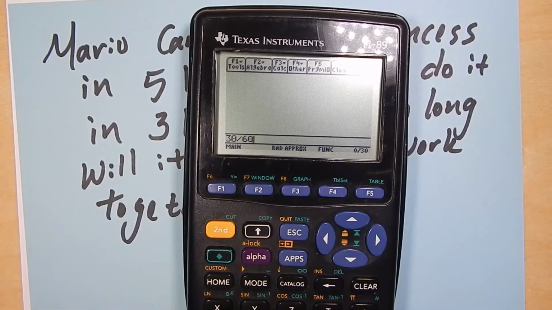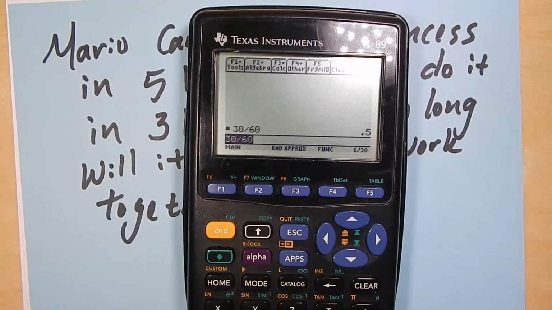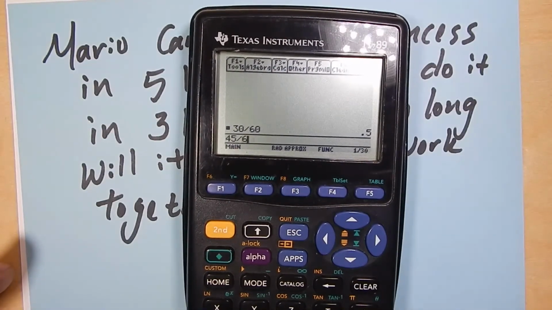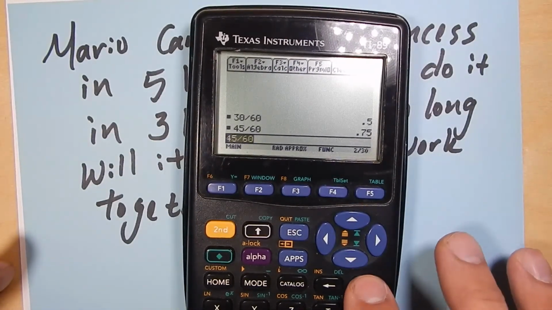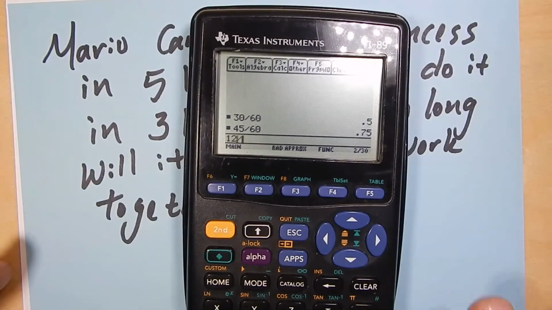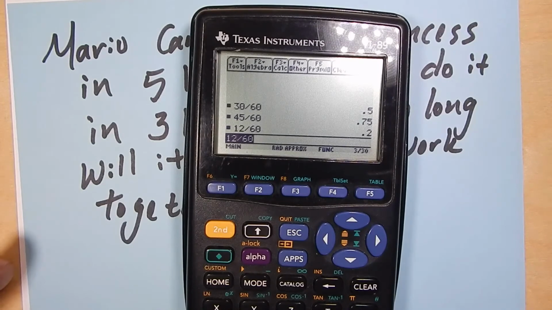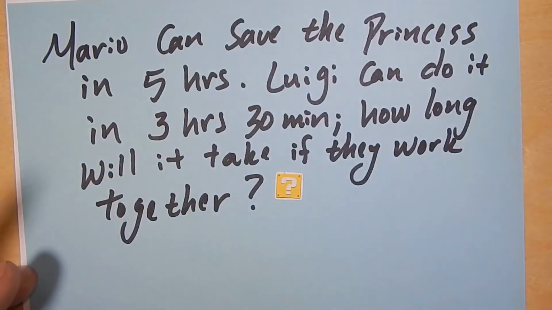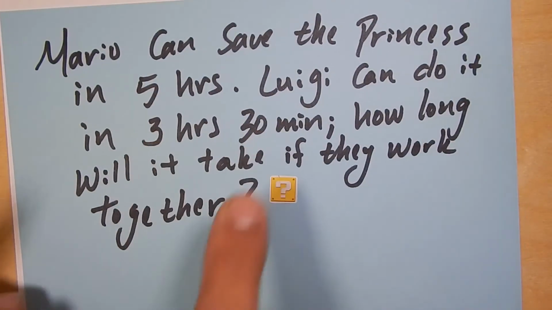Over 60 total minutes, we could say that's 0.5 hours. Let's say it was 45, right? So 45 over 60, we would say that's 0.75 hours. Whatever minutes you have there, you just divide it by 60, and that gives you what it is as hours in a decimal. So in this case, we have 5 and 3.5.